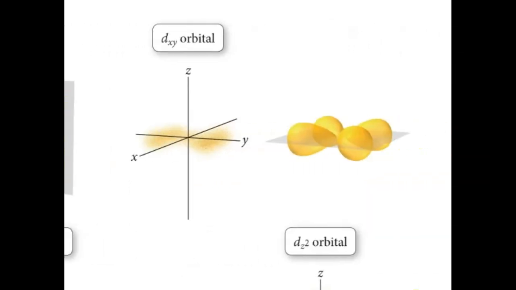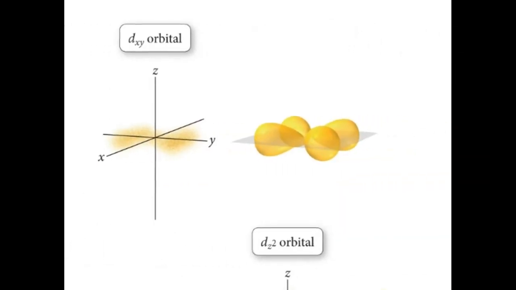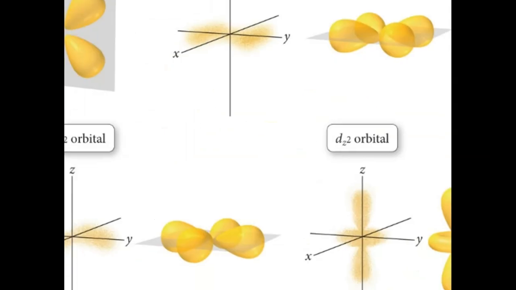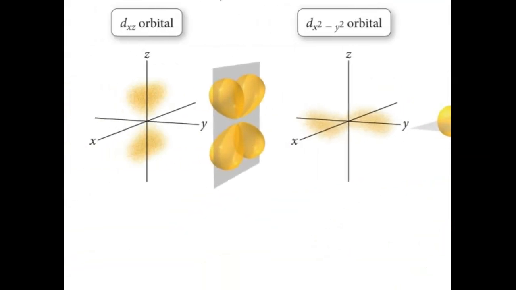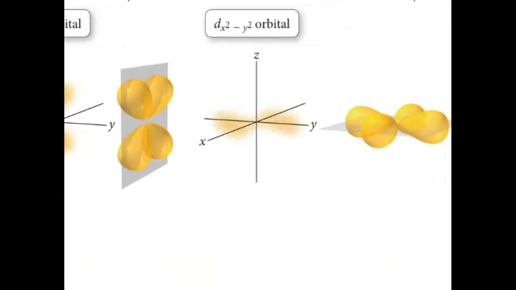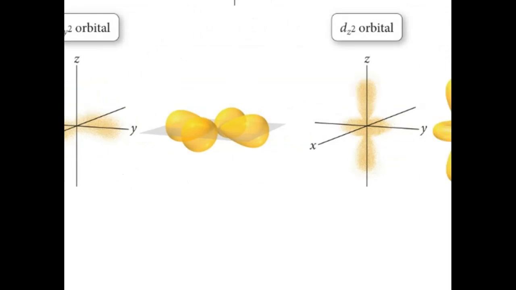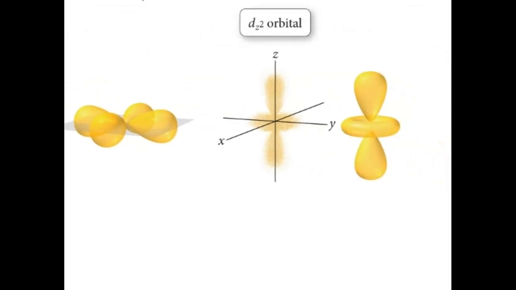But you do need to recognize that there are 5. There's the dxy, where the regions are in between the x and the y axes. dxz. There's a dx squared minus y squared, where the regions are actually along, not in between, the x and the y axes. And then there's this one, which is always kind of fun, a dz squared.